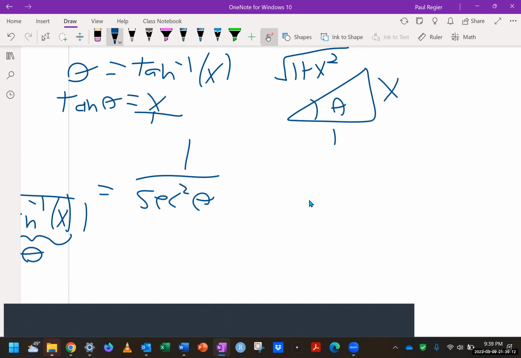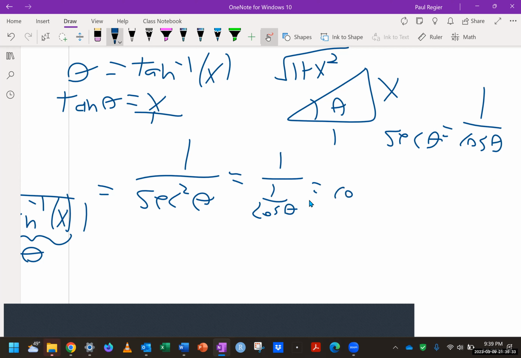So if we want to find secant, what's secant of theta? Secant of theta is 1 over cosine theta. That means I can write this as 1 over 1 over cosine squared theta, which becomes cosine squared theta.